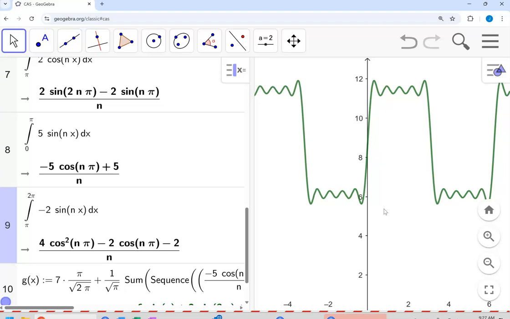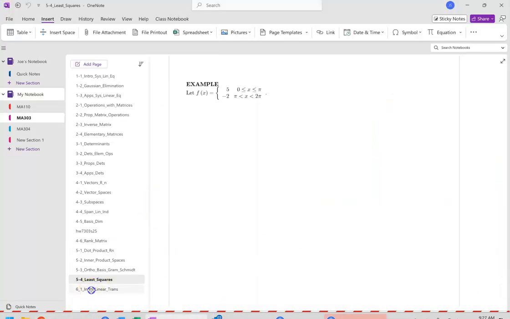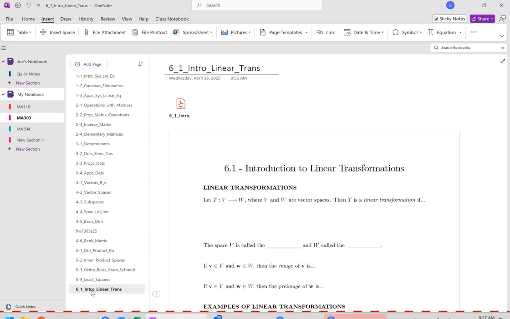All right. So we're going to shift gears a little bit and talk about linear transformations in the next chapter here. Section 6.1 is an introduction to linear transformations. You see linear transformations a lot.